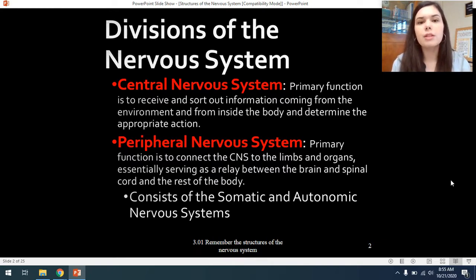So the central nervous system's primary function is to receive and sort out the information that comes in from our environment and from inside the body to help determine what the appropriate action should be. So for example, we take in things like light and sound and heat and touch, and our brain has to translate that into a signal that we then use to determine what the next step is going to be. That is part of your central nervous system.